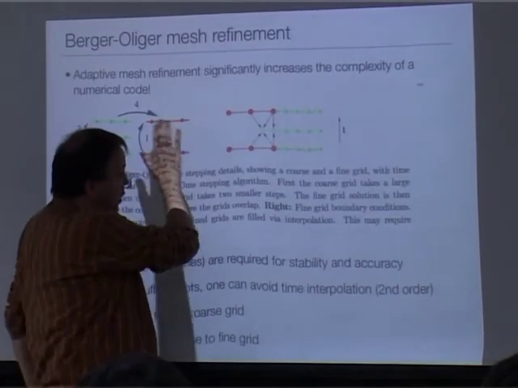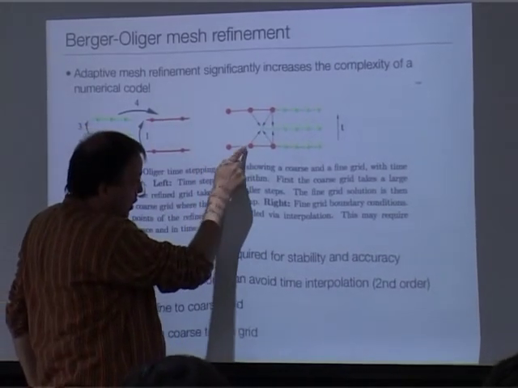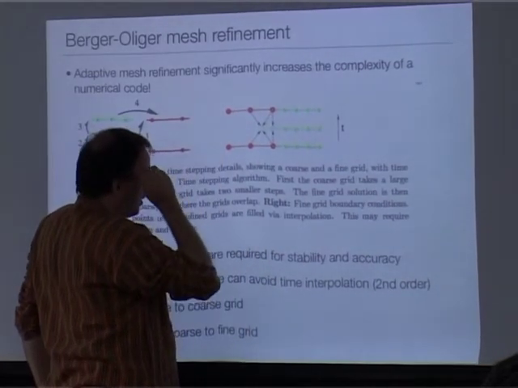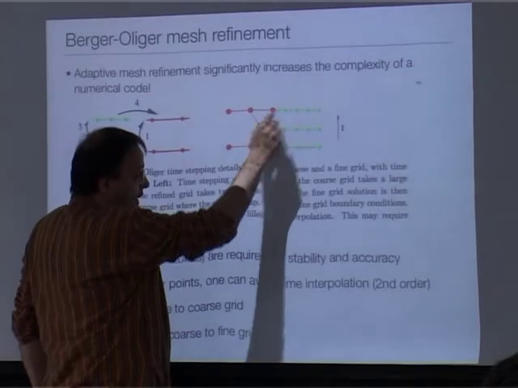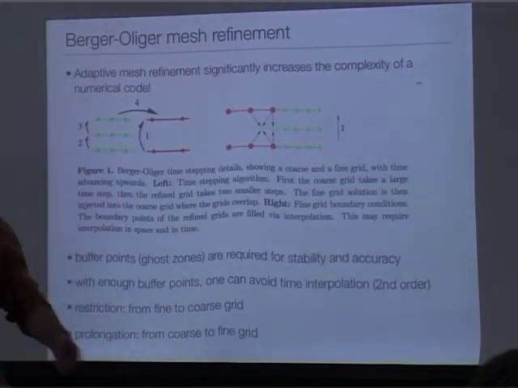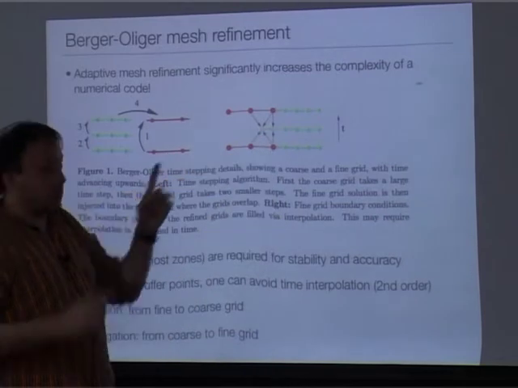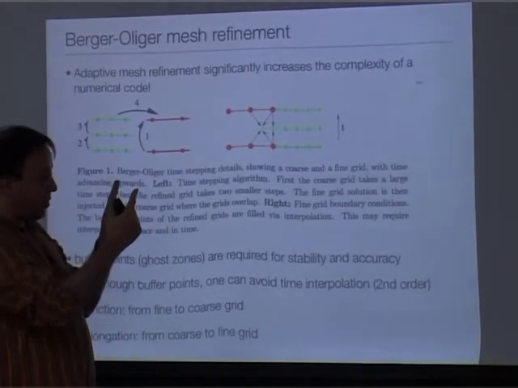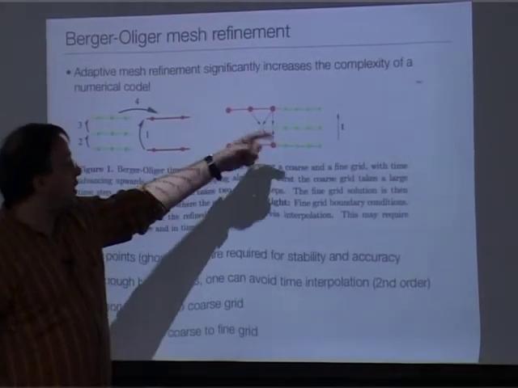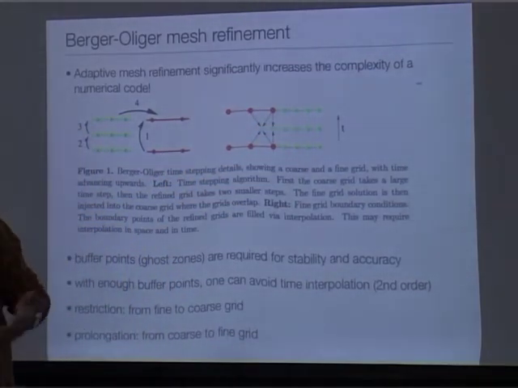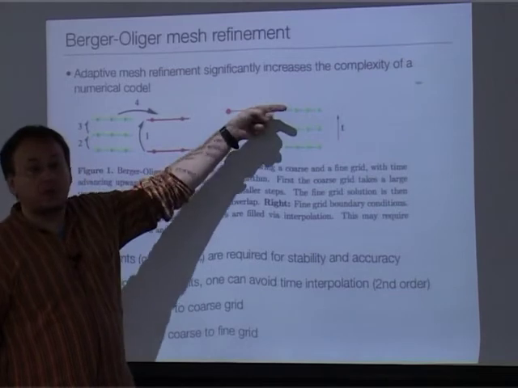And during the updates, things eat in here more and more. But if I have enough points here, I don't need any time interpolation information, and I can get all the way up to here. So we have some extra points, which we usually call buffer points, for this purpose. You need as many buffer points as is determined by the width of the stencil and how many steps you do here. So for example, with Runge-Kutta, you have to do 4 of these intermediate steps.